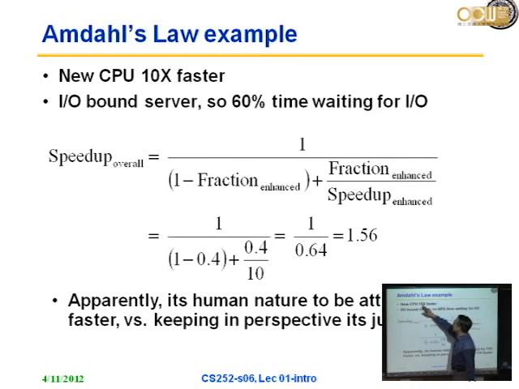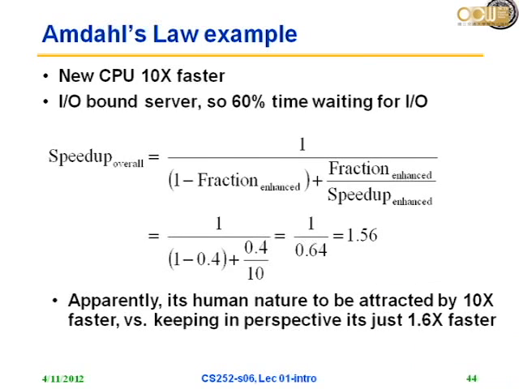So for a 10 times faster CPU, your I/O-bound server speedup will only be 1.6. So don't spend too much time, too much money on your CPU upgrading. Apparently, it's human nature to be attracted by 10 times faster, versus keeping in perspective, it's just 1.6 times faster.